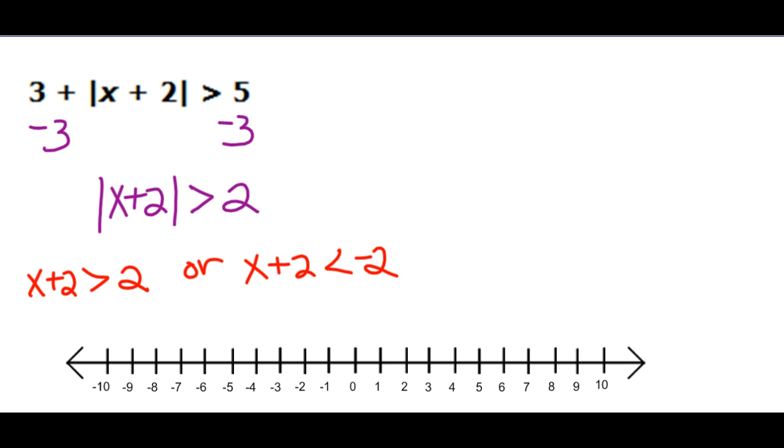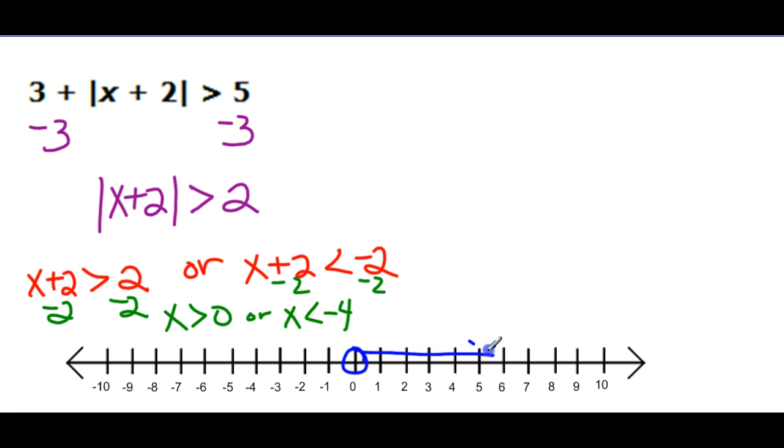Now, let's go ahead and solve each one of those. Subtract 2 from both sides. You get x is greater than 0, or subtract 2 from both sides here. x is less than negative 4. Graph them on the same number line. This one's going to be an open dot at 0 with an arrow going to the right. This one's going to be an open dot at negative 4 with an arrow going to the left.